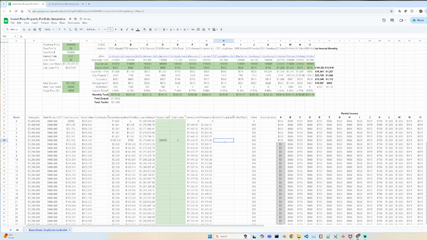Okay, we can decide right away to put 175 on the note. That takes our interest down by 1,000, but it also takes our rent away by 825. And then let's say we put 25,000 into improvements, and because of that, we expect to renovate this property.